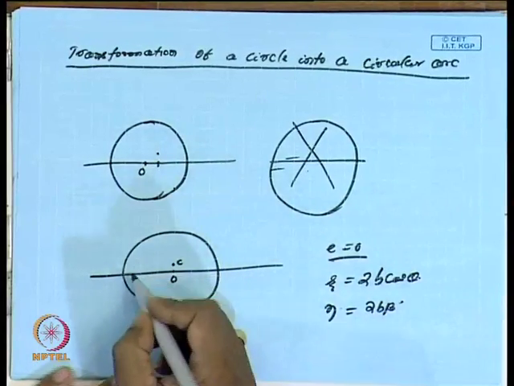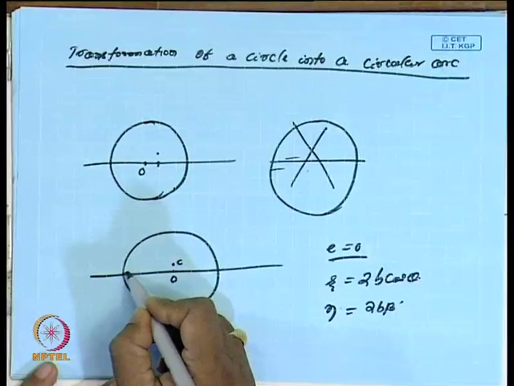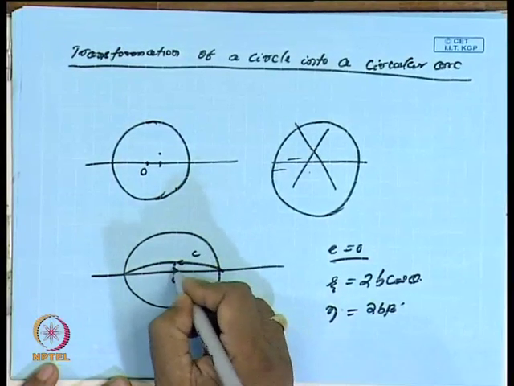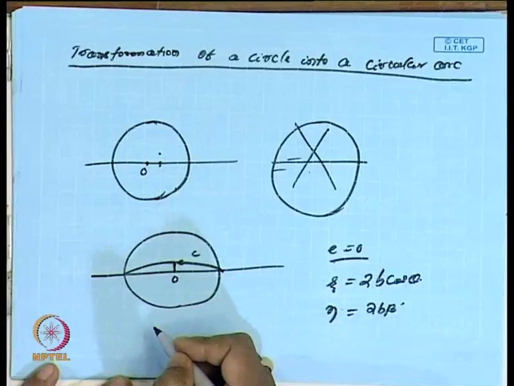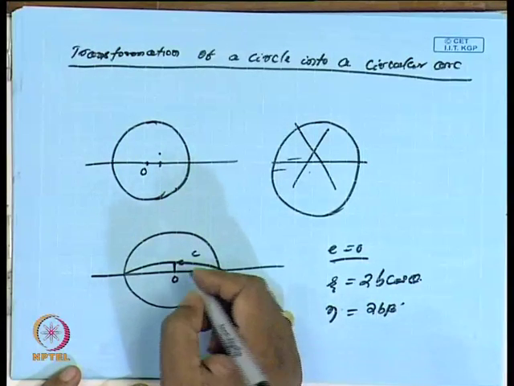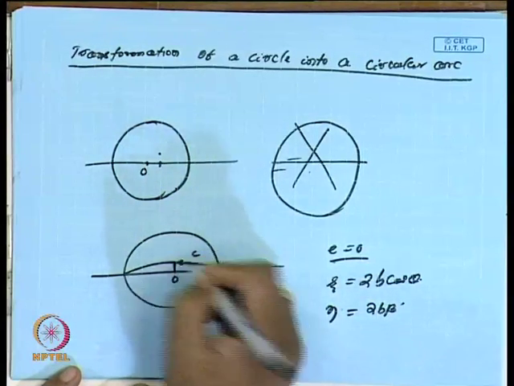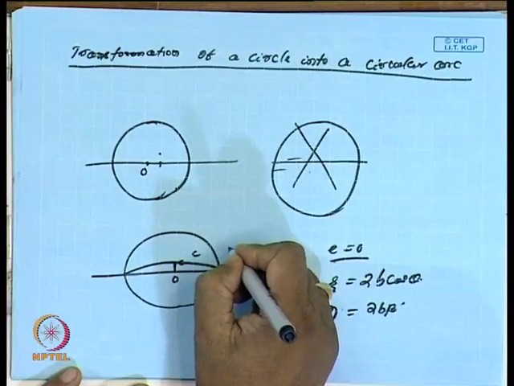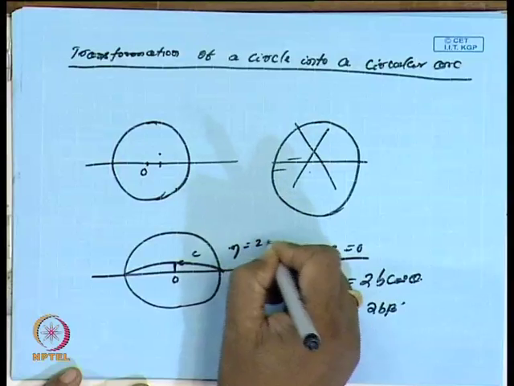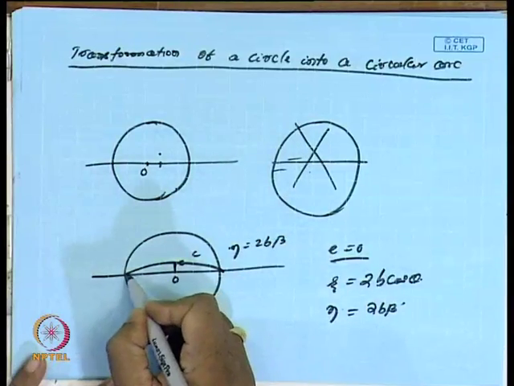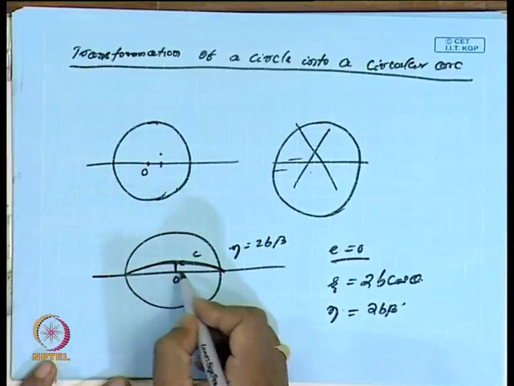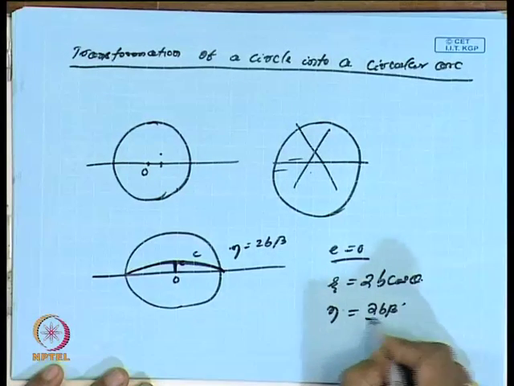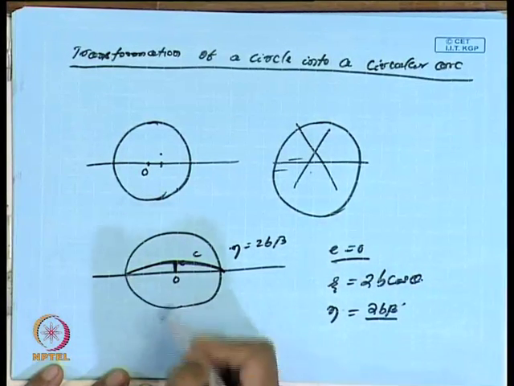In that case I will get a foil like this, where this distance is 2b beta, the maximum eta can be 2b beta. So, in this case the only shift is the vertical shift, and that vertical shift is nothing but 2b beta. Now, there is nothing on the horizontal side.